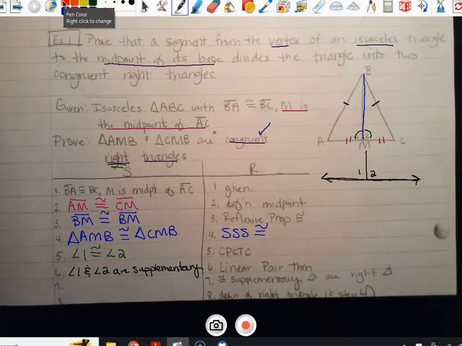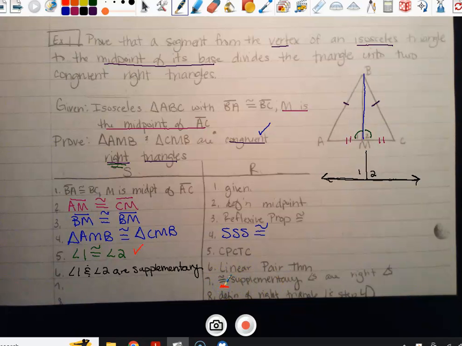All right, well, next up, we have congruent supplementary angles are right angles. Okay, I don't remember if that's a postulate or a theorem, to be honest, but I do know that it's there. So that's it. Congruent supplementary angles, which we proved 1 and 2 were congruent, right? So we proved that they were congruent.